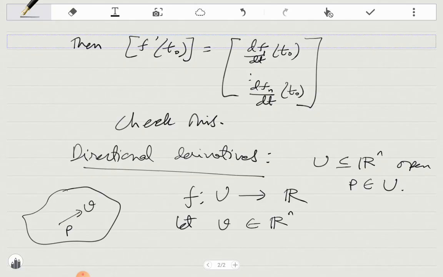This is just a schematic thing. It really doesn't mean anything. V is just one more element of Rn. But the intuition is we want to regard V as a direction at P. And I'll take the straight line passing through P in the direction V.